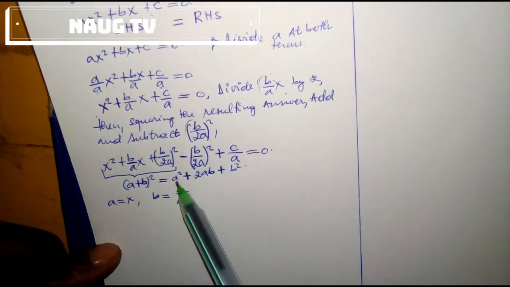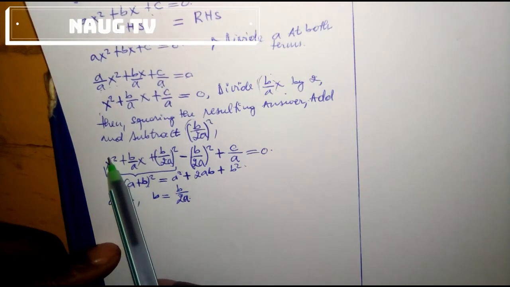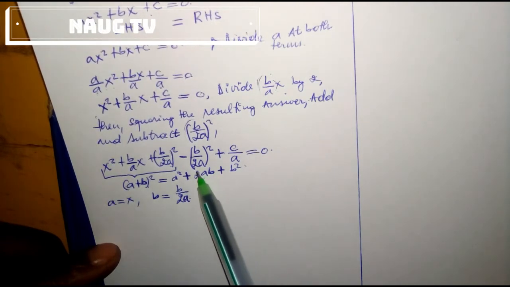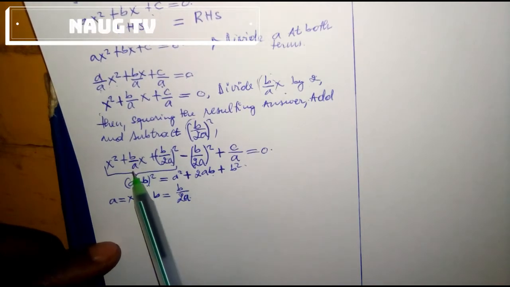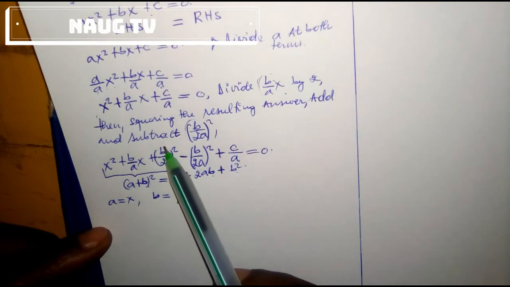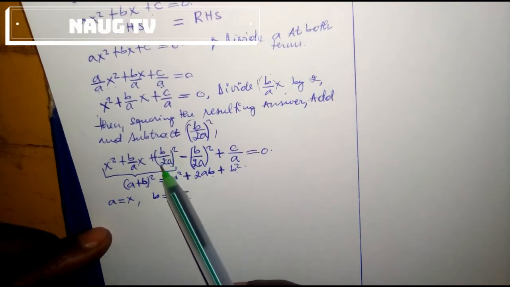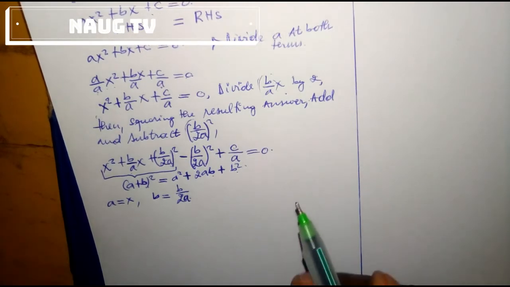So here a squared is x squared, here 2ab is compared as b over a here, and b squared here would be compared as b over 2a squared here. I think that is right.